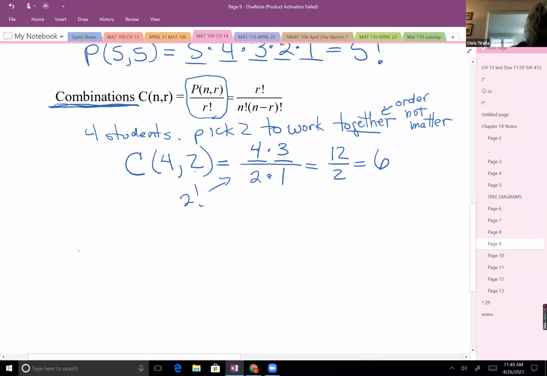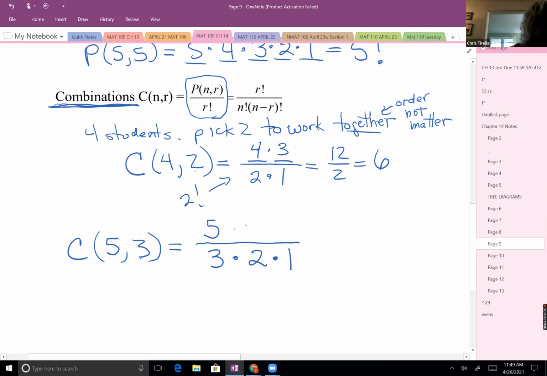So let's have you try one. Let's say I want the combination 5 choose 3. The denominator is 3 factorial. The numerator is 5 permutation 3, so I'm going to start with 5.